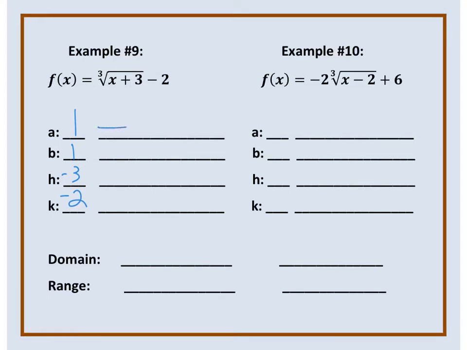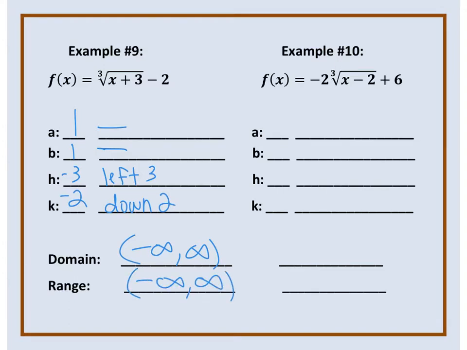When A is 1, there is no stretch or compression. When B is 1, there is no horizontal stretch or compression. H is a -3, so it went left 3, down 2. My domain for a cube root function is negative infinity to infinity. My range for a cube root function is negative infinity to infinity.